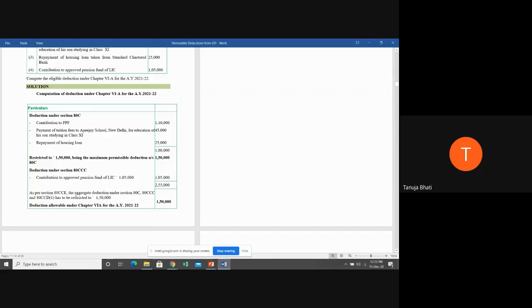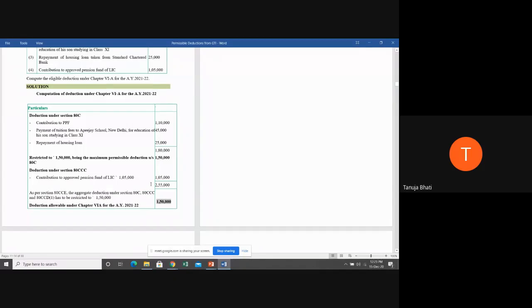But what does section 80CCE tell us? Section 80CCE tells us that the aggregate, means the total of deduction under section 80C, 80CCC and 80CCD should not exceed 1,50,000. So 2,55,000 is exceeding 1,50,000. So he will get a deduction of only 1,50,000. So deductions allowable under Chapter 6A for assessment year 2021-2022 is 1,50,000.